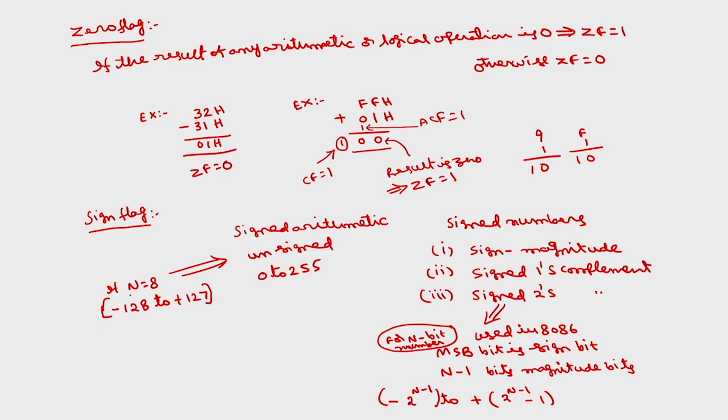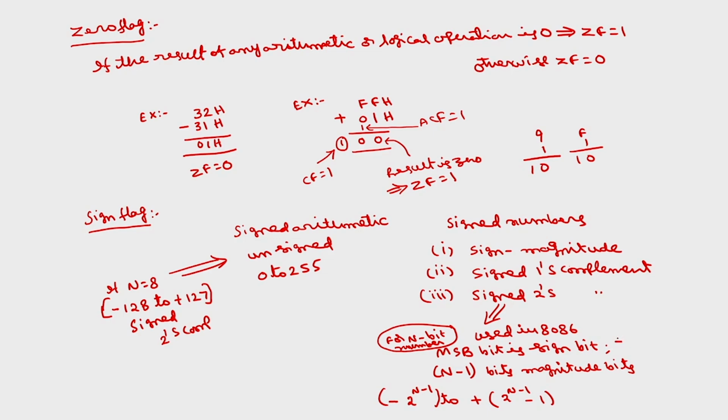Whereas if I use signed 2's complement representation, the first bit I am using for the sign bit and the remaining n minus 1 bits for the magnitude bits. So, the sign bit is again here.